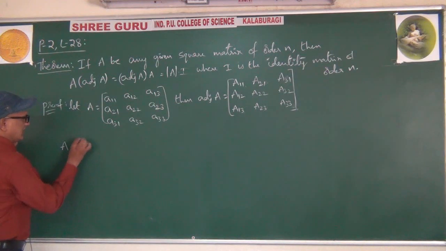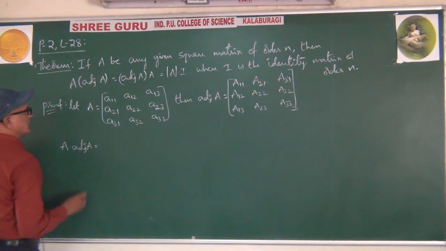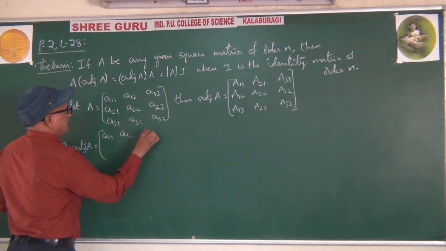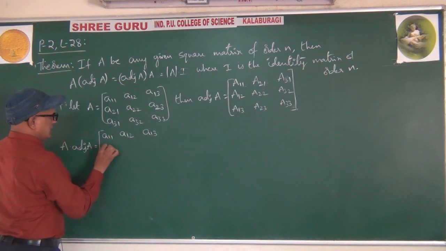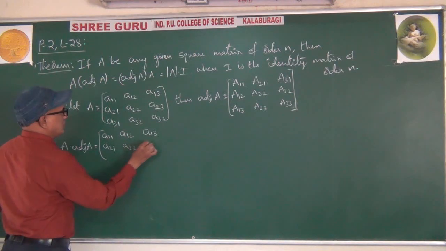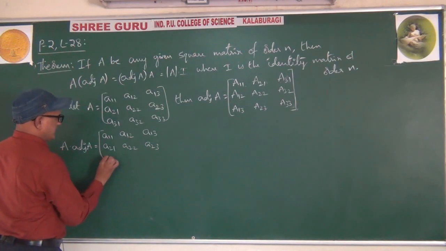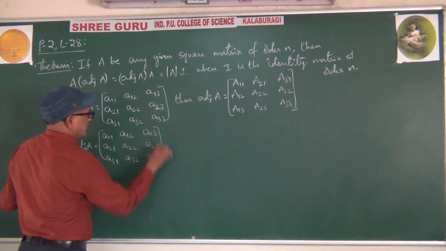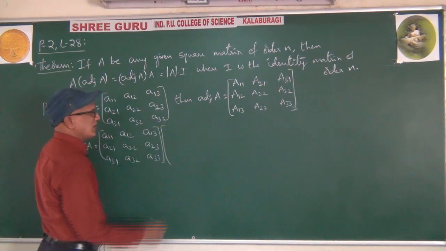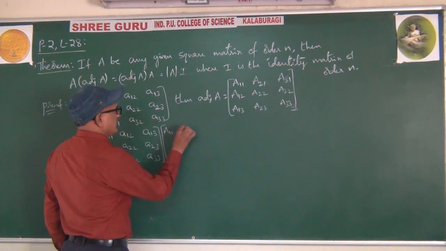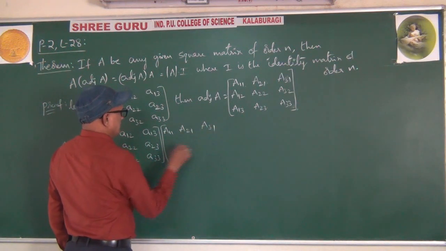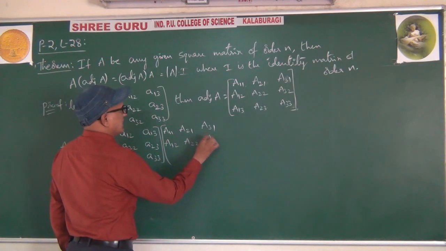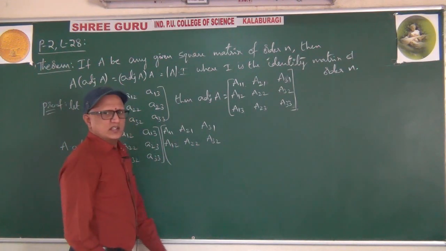A into adjoint A equals: A is A11, A12, A13; A21, A22, A23; A31, A32, A33, into the adjoint, a simple multiplication. The concept is the easiest one; if you just concentrate, it will become easier.